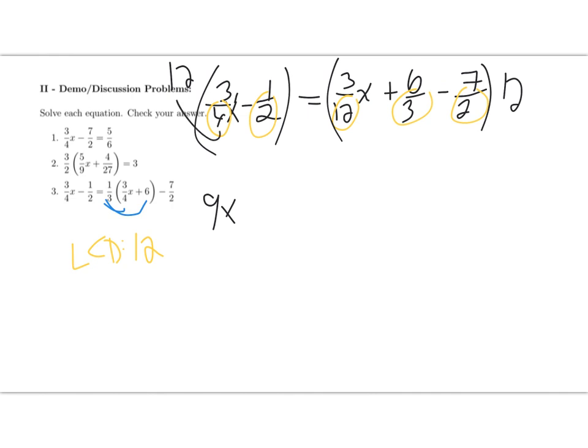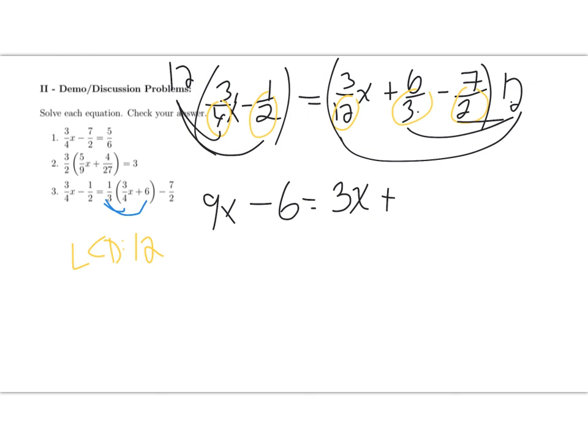And similarly, 12 divided by 2 is 6. Multiplied by -1, we have -6 over here. Got to make sure we distribute. That's huge. 12 over 12 is 1 times 3 is 3 times x is 3x. 12 divided by 3 is 4. Times 6 is 24. 12 divided by 2 is 6, times -7 is -42.